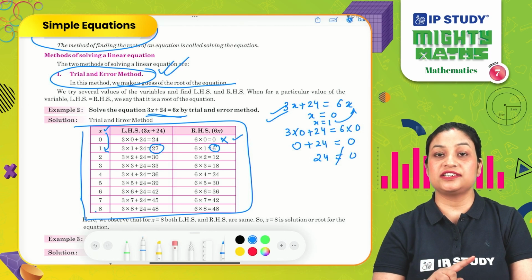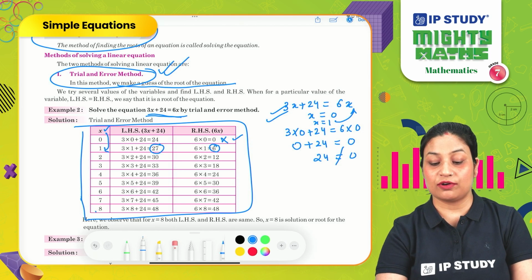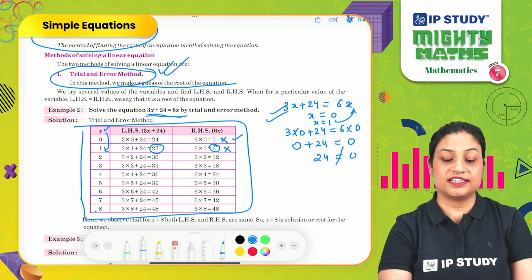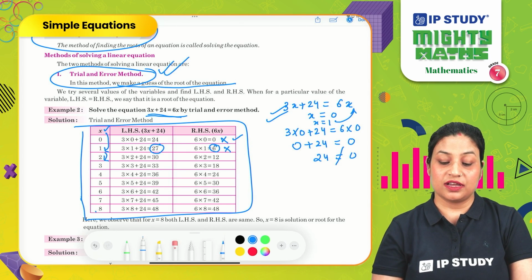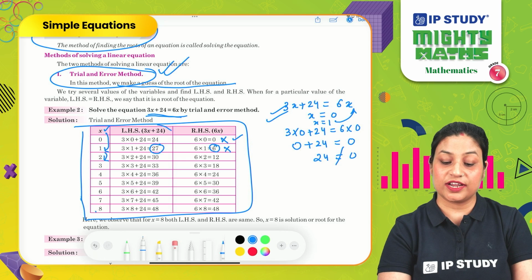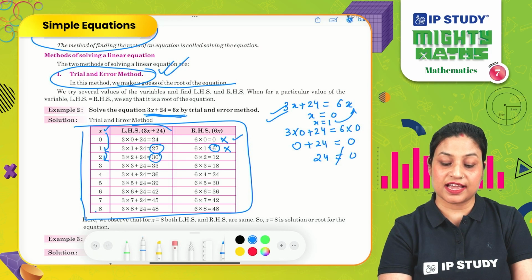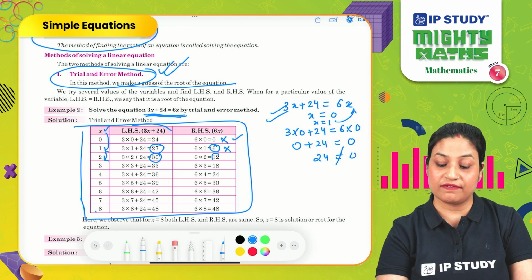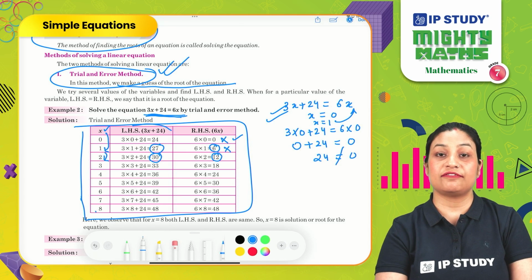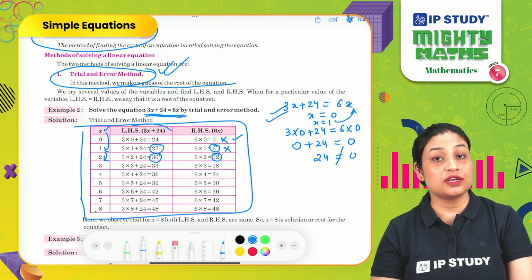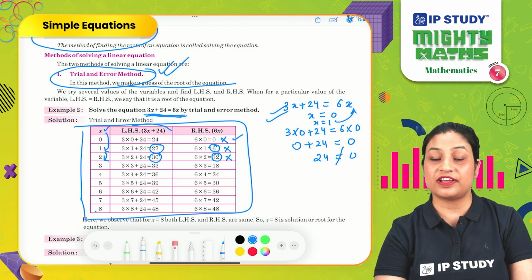Since left hand side is not equal to right hand side, I cannot take this value also. Now let's take x equals to 2. If I put x is equals to 2 in this expression, I will get 30 as left hand side and 12 as right hand side. Since LHS is not equal to RHS, I cannot take this value as well.